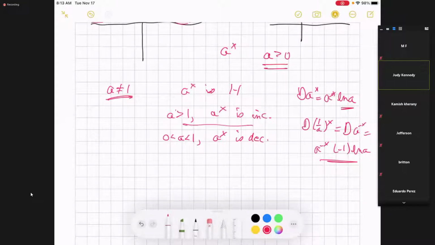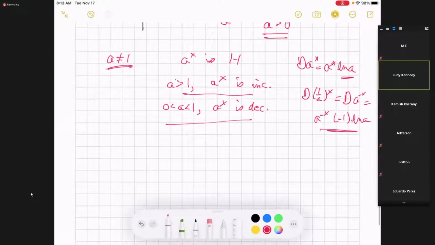But the important thing is, as long as a is not equal to 1, a to the x is one-to-one. It has domain all the real numbers, and range all the positive reals. And that means it's got an inverse function.